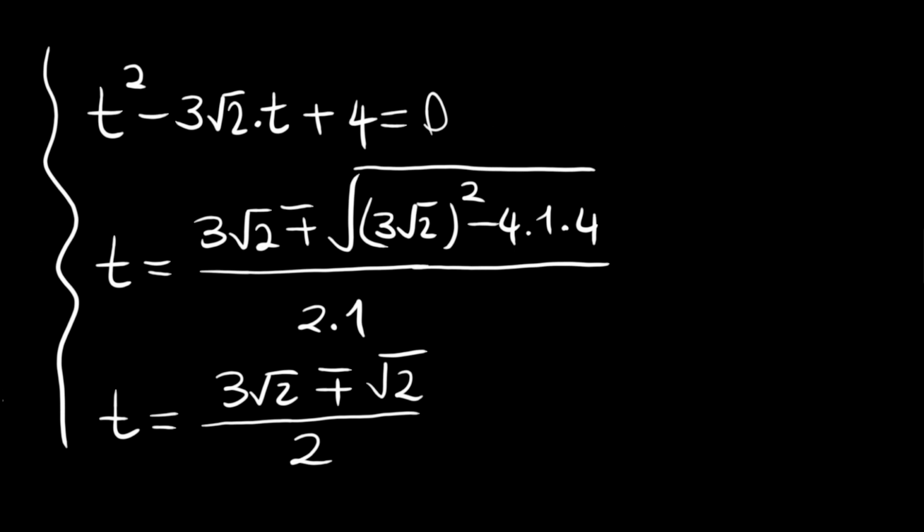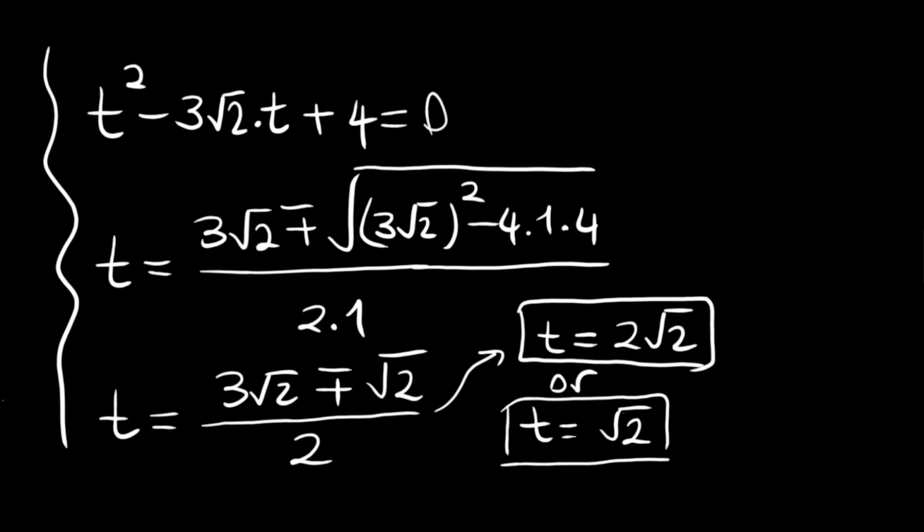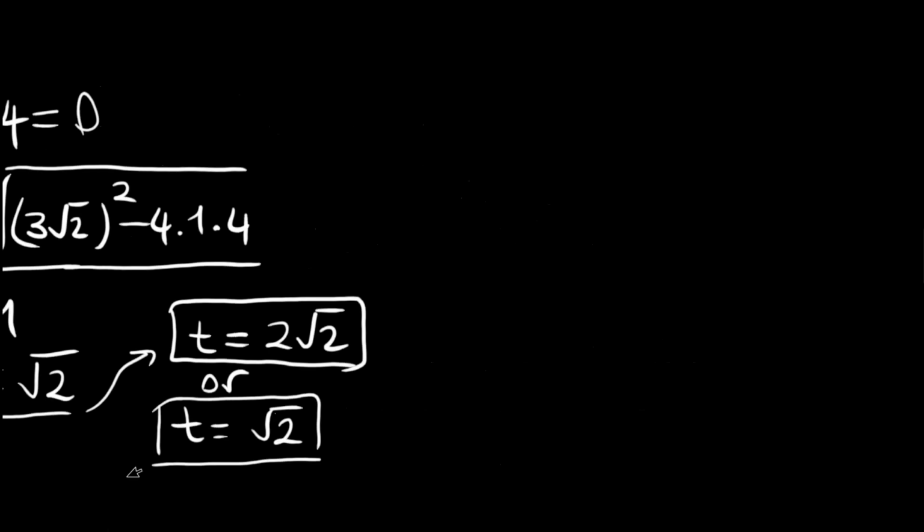The two results will be, the first one is plus, 3 times root 2 plus root 2 divided by 2 will give us 2 root 2, and the second one with minus we will have 2 root 2 divided by 2, so we will have root 2. These values are for t. Now let me show you the results for x.